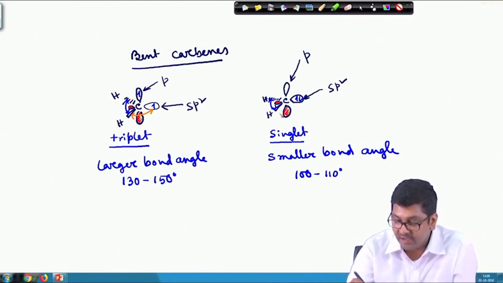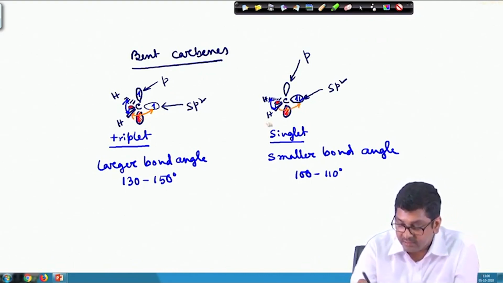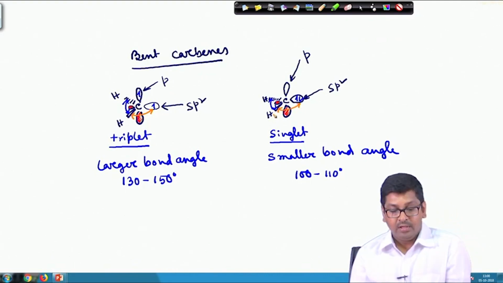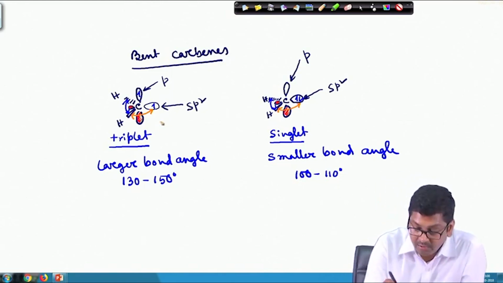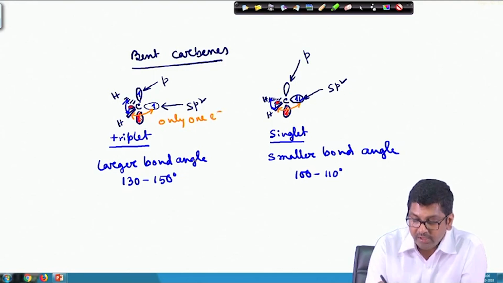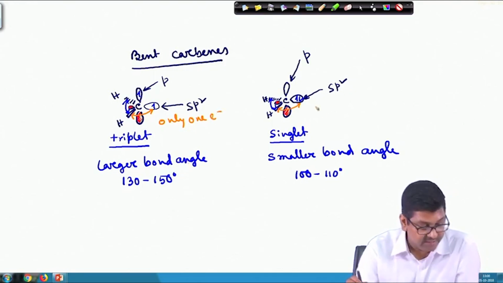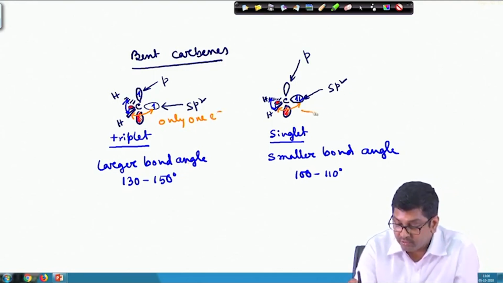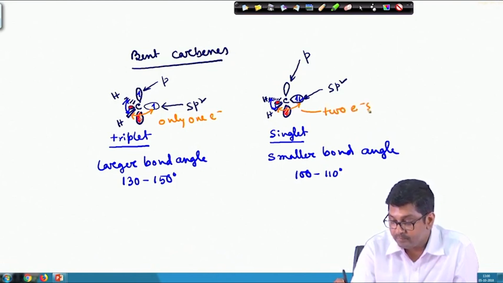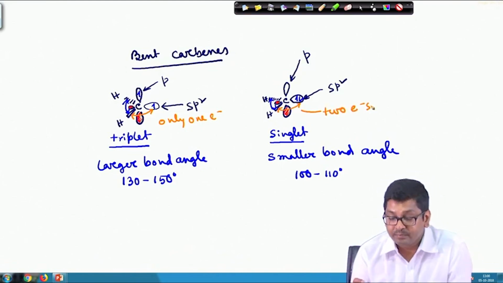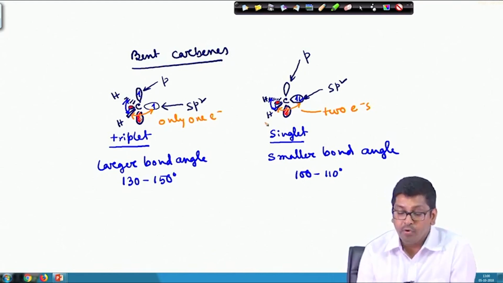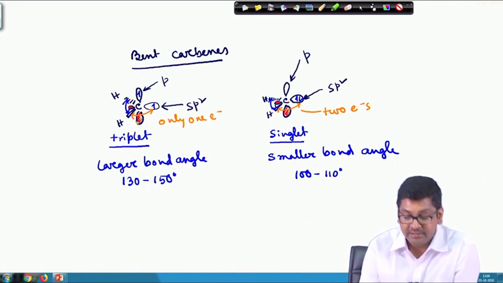Now, if we see the repulsion between these two, here only one electron, and here there are two electrons. Definitely here it will be more repulsion than the triplet case.